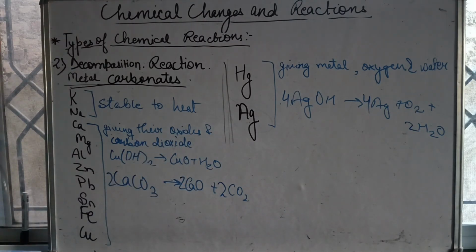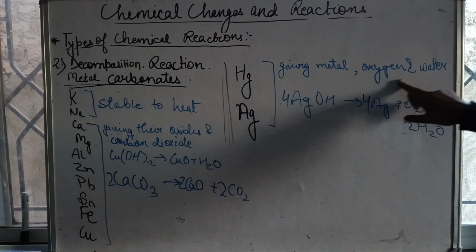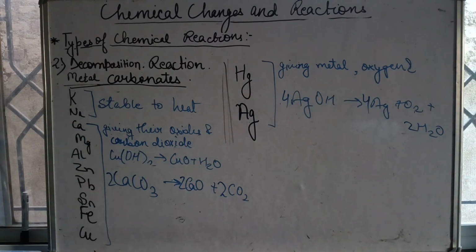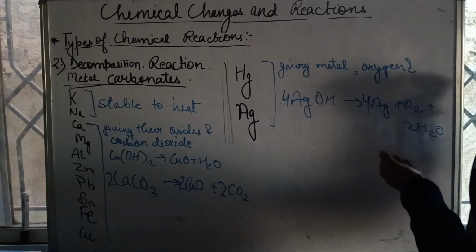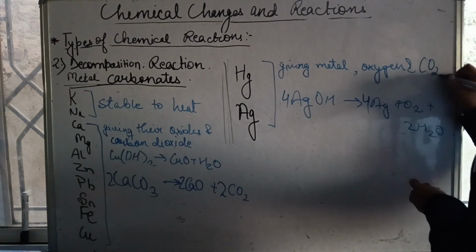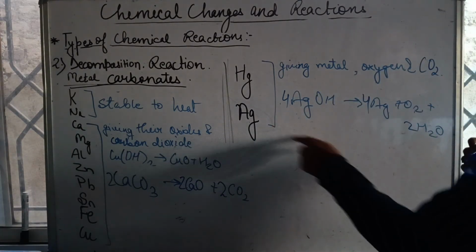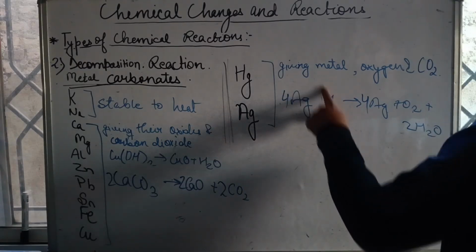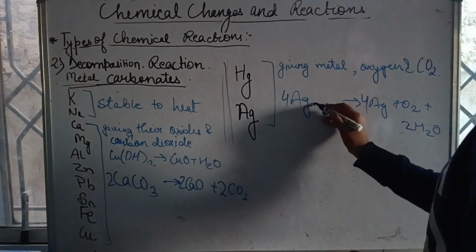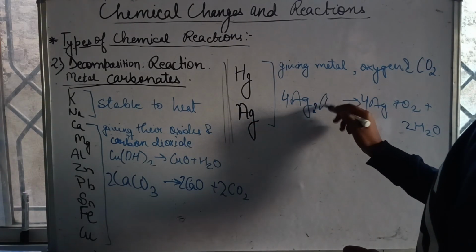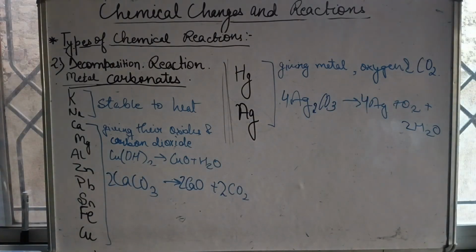Then, if we take for mercury and this is silver, it will get metal, oxygen, and carbon dioxide. Means these two are same. Instead of water, we are using CO2. These all will be same. 2CO3.